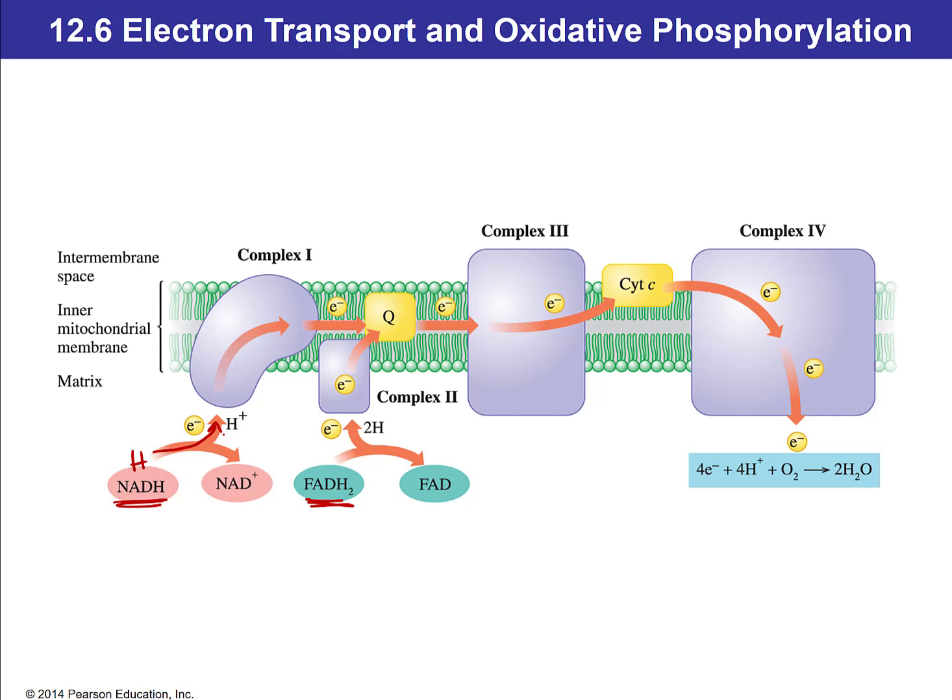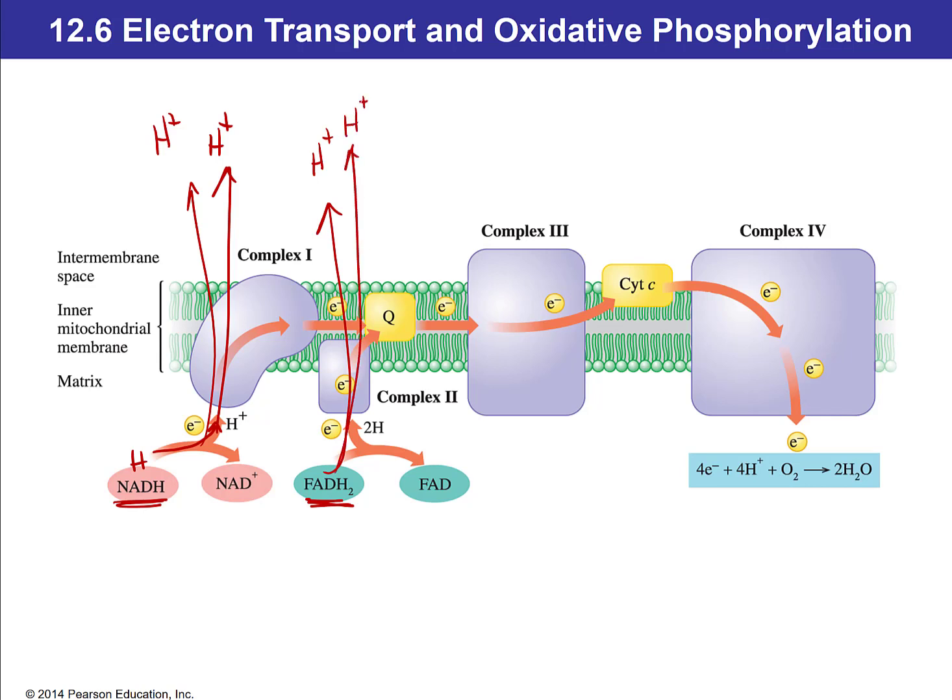So really what the enzymes do is they actually split the hydrogen. The hydrogen ions get pumped out. So you'll have lots of hydrogen ions pumped out. Same thing with FADH2. Those hydrogen ions from the FADH2 get pumped out.